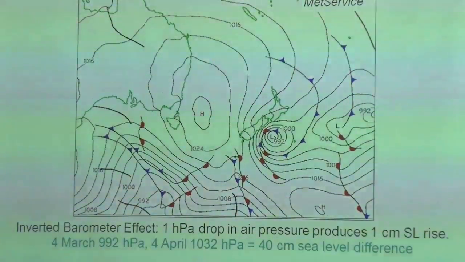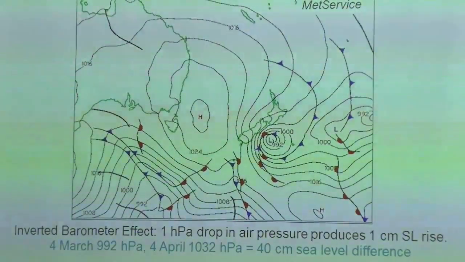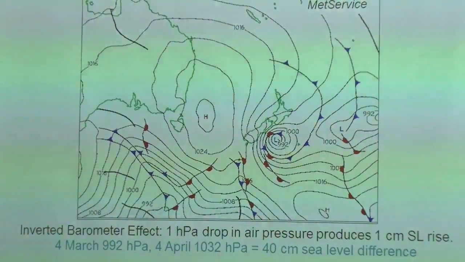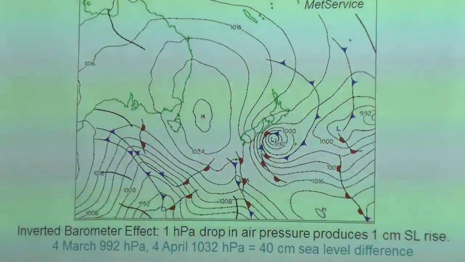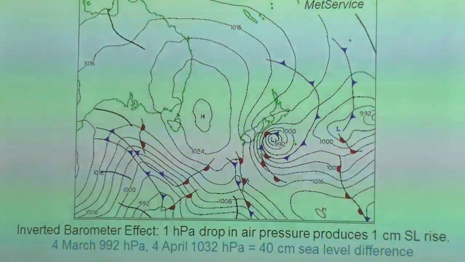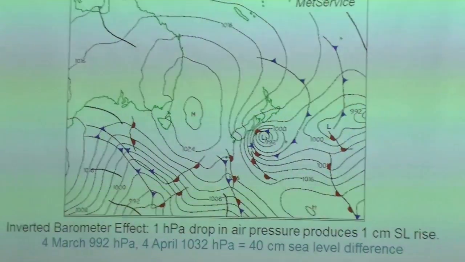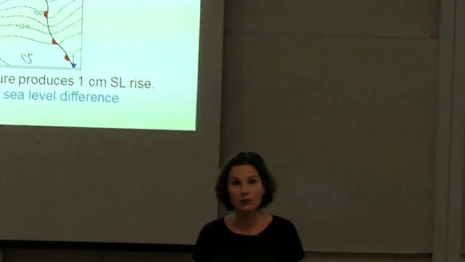Now when we've got our high pressure systems, that's our nice fair weather conditions. Our low pressure systems, these are our storms. So at the very time when we've got extra rainfall, when we've got extra wind, when we've got all that bad weather, the ocean's surface is springing back up and it's becoming higher. And you can start to see how that would contribute to flooding under those conditions.